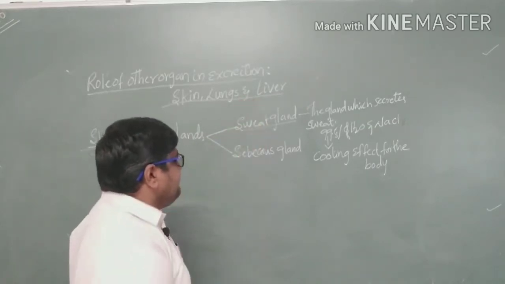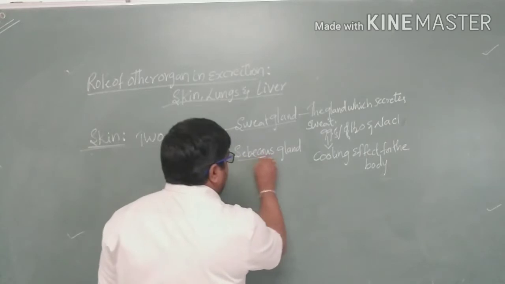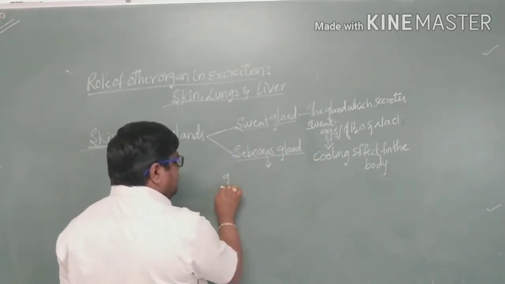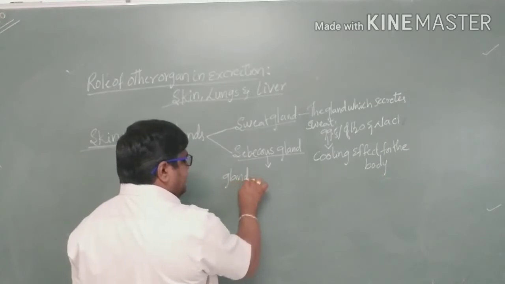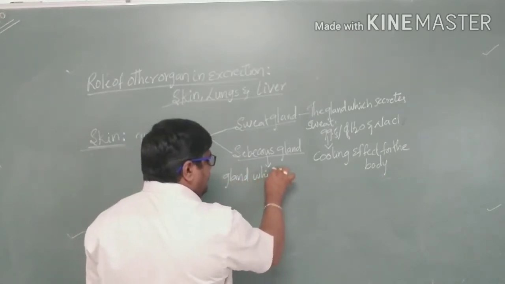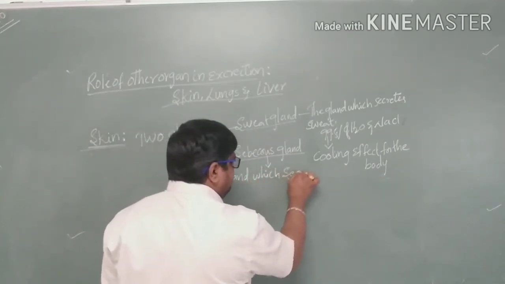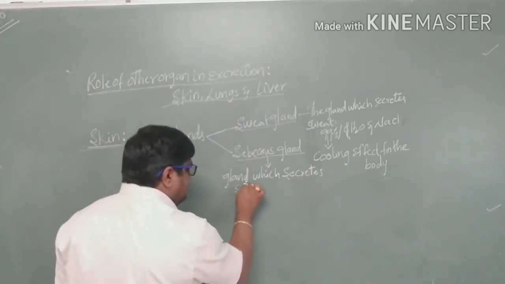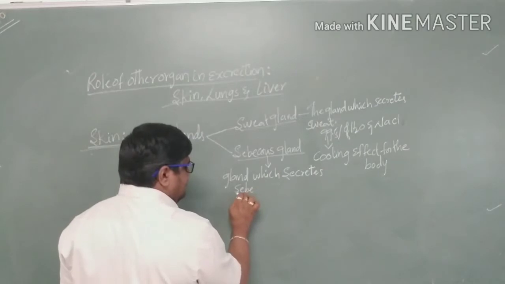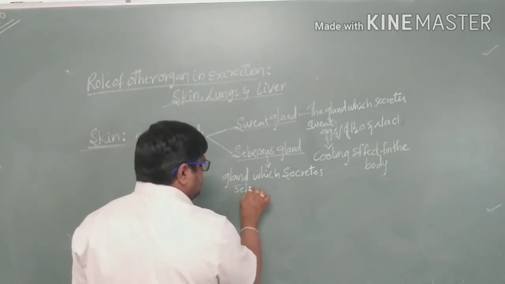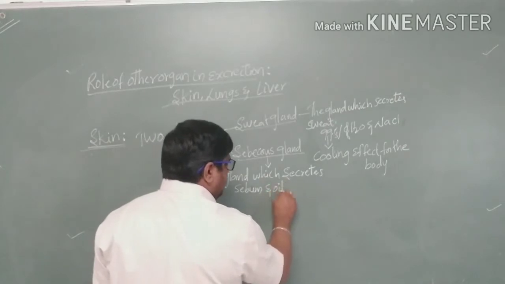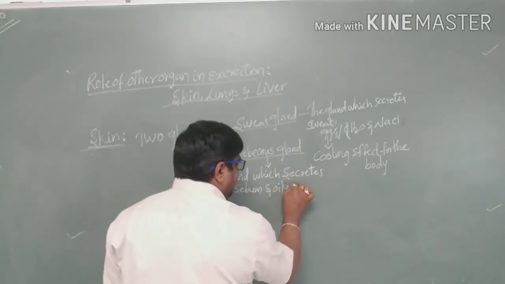Next, the sebaceous glands. So what are the sebaceous glands? The glands which secrete sebum, also called oil glands or oily glands.